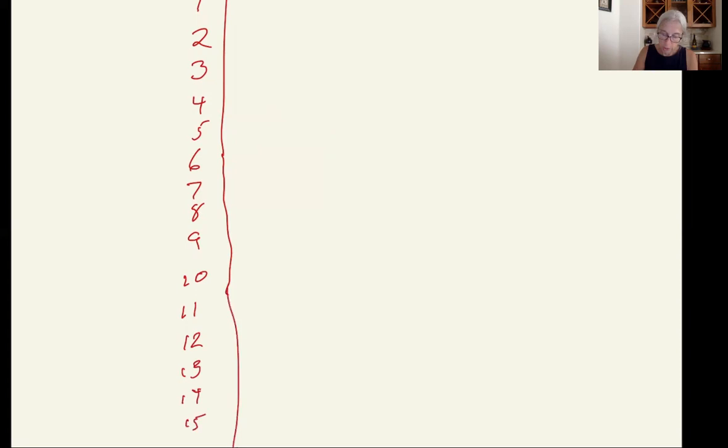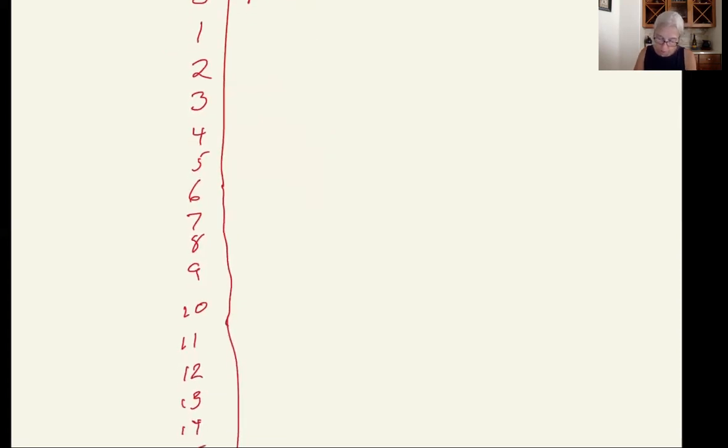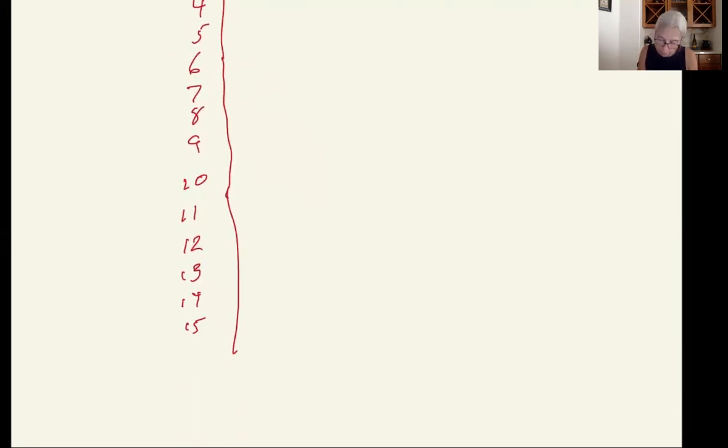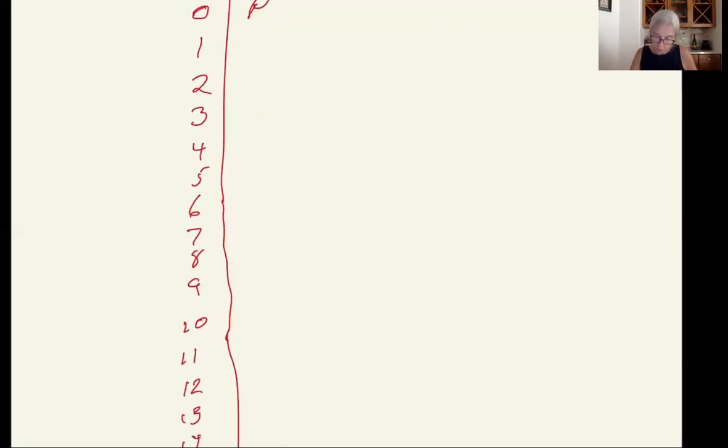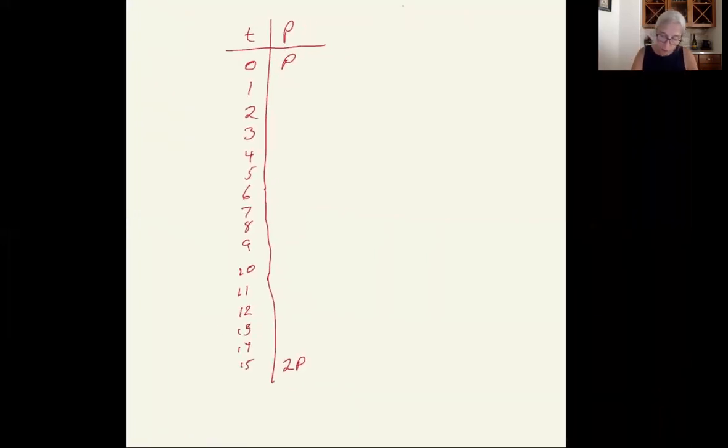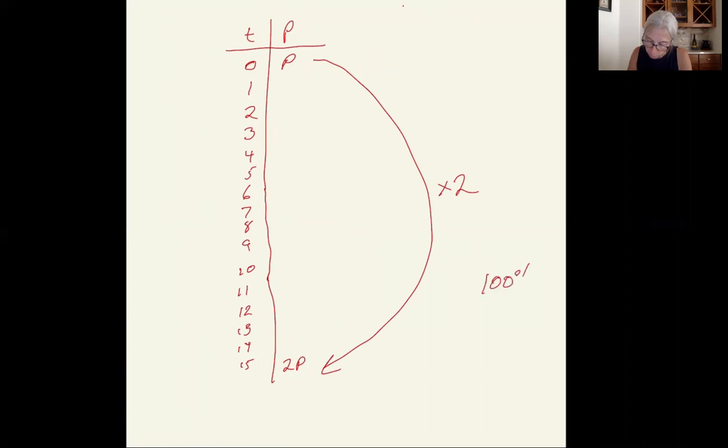Whatever the population is in year 0, in year 15 the population is going to be double that, or 2 times that. So from here to here, I had to multiply by 2. That's what it means to double. If something is 2 times as large as it was before, that means it has a 100% increase.